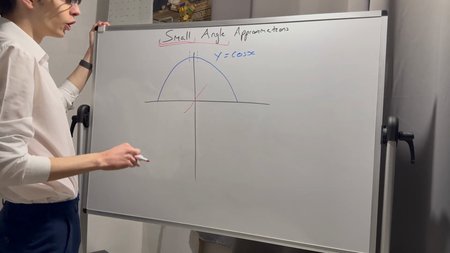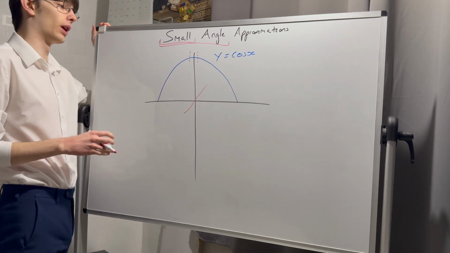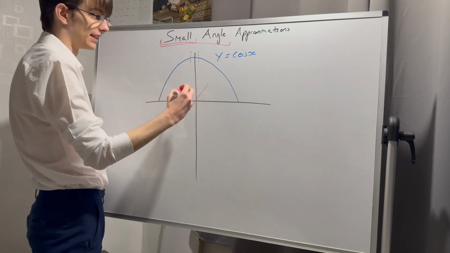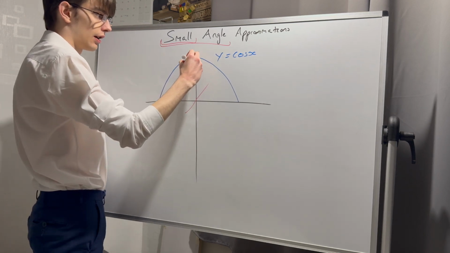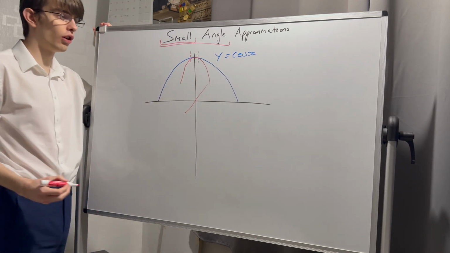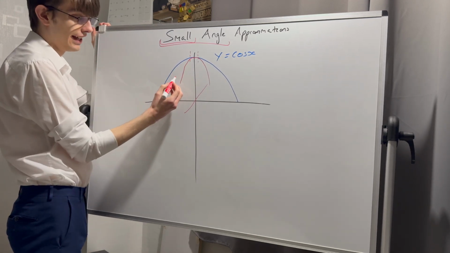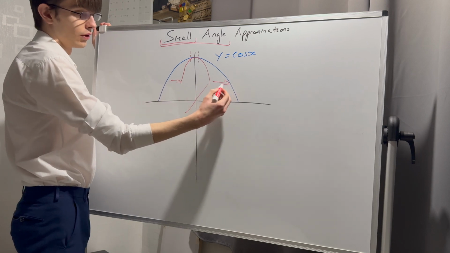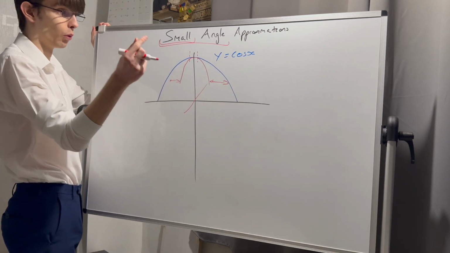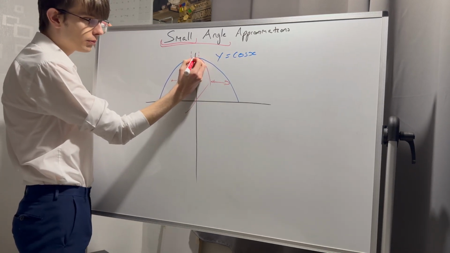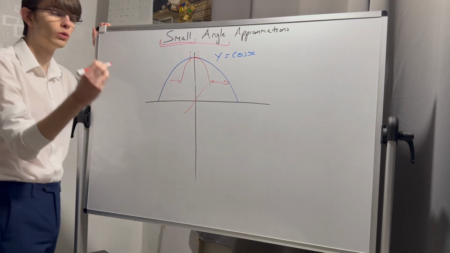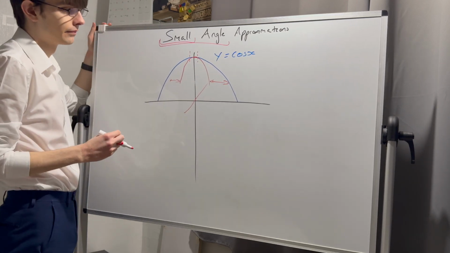Instead, we have a different equation that fits this, and the graph of it looks like that. Again, over here, they're not even remotely the same, which is why it's small angle. But here, even on my rubbish diagram, you can still see they're the same.